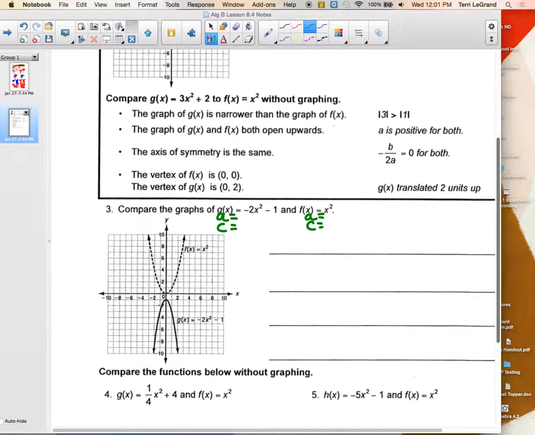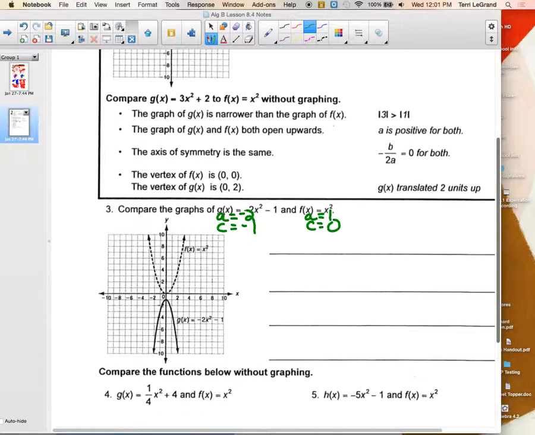So what's the a value for our g of x function? Negative 2. What is it for our parent function? 1. What's our c value for our g of x function? Negative 1. What's our c value for the parent function? 0. Okay?